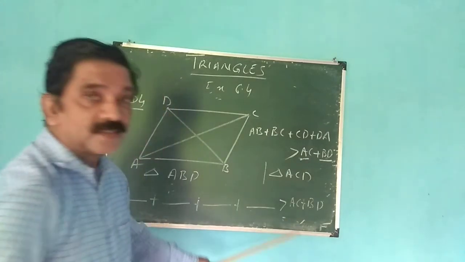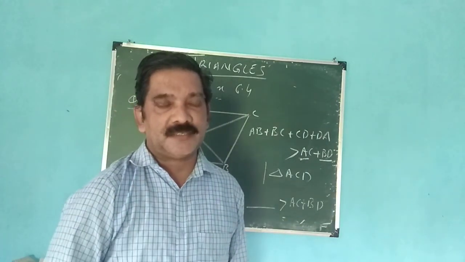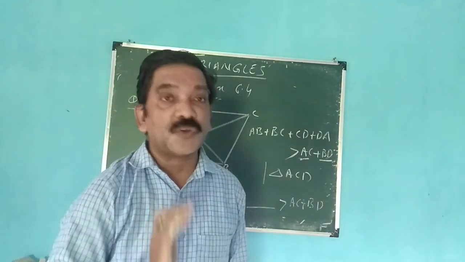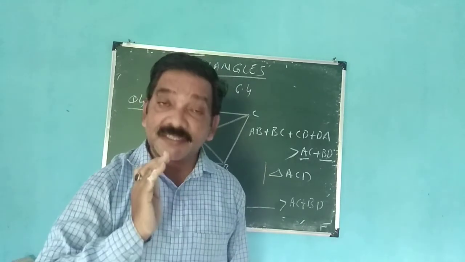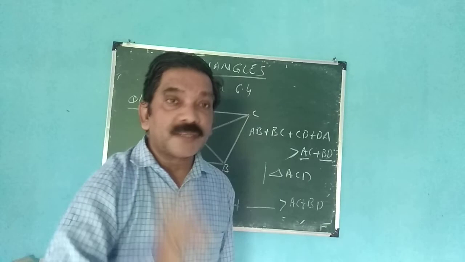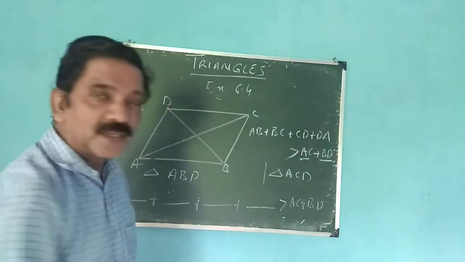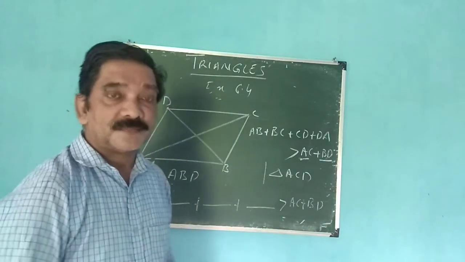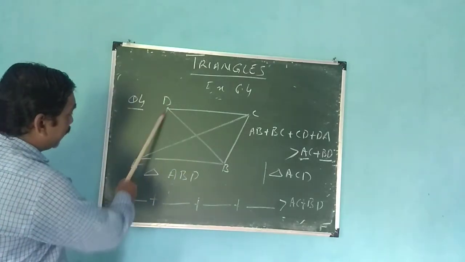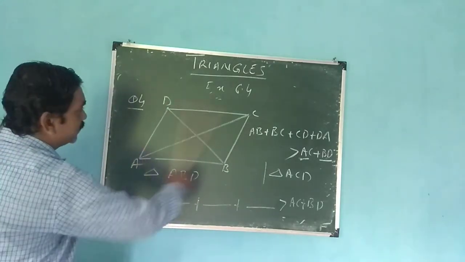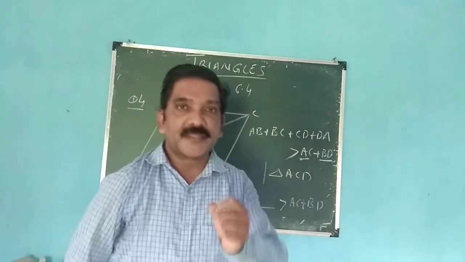You should get this. In case you are not getting it, that means the statement is not true, and if you are getting it, that means it is true. So I leave it up to you how you do this. Okay, try to do this yourself. Very important: remember, you have to divide this quadrilateral into two triangles, triangle ABD and triangle ACD. Then only you will get the answer.